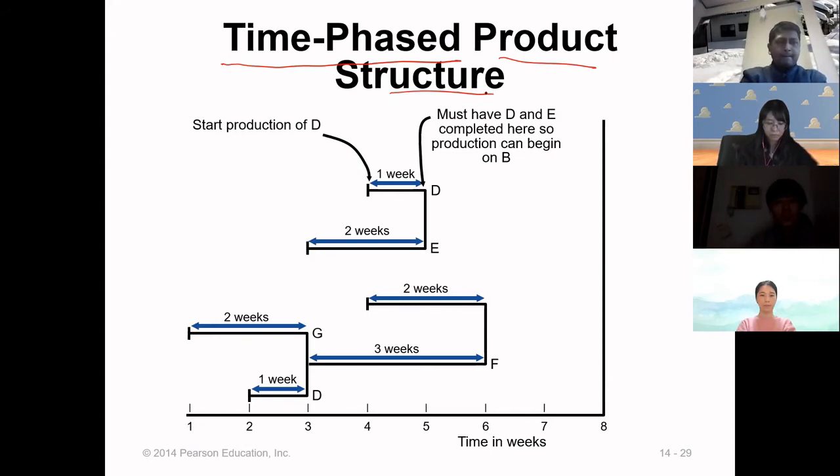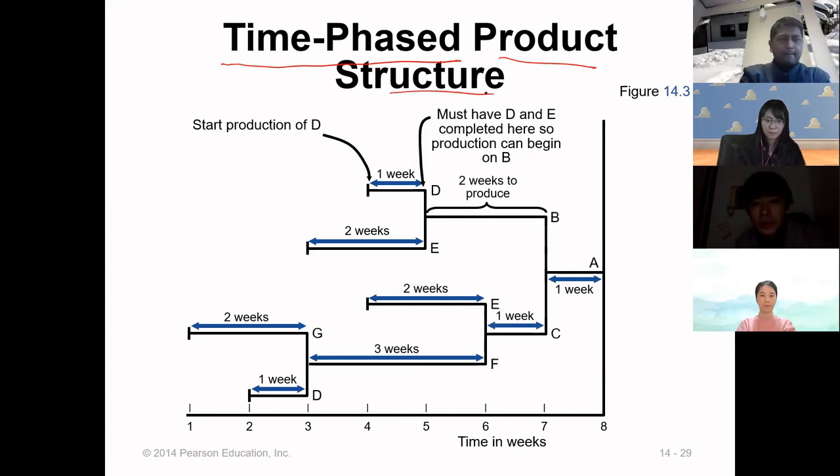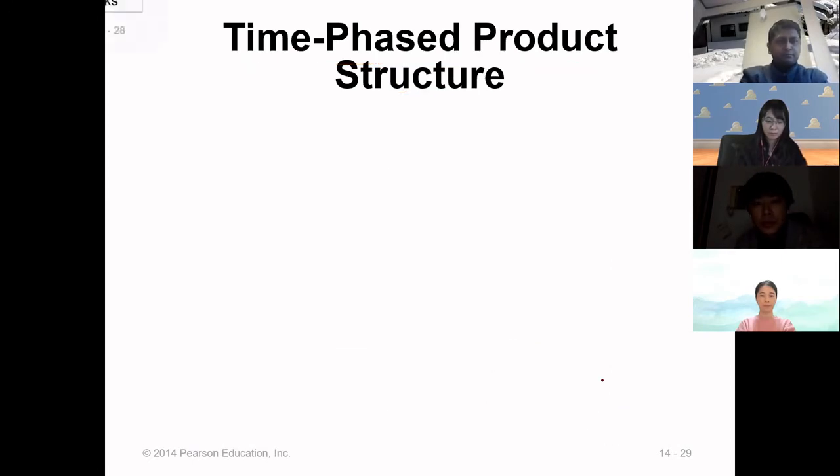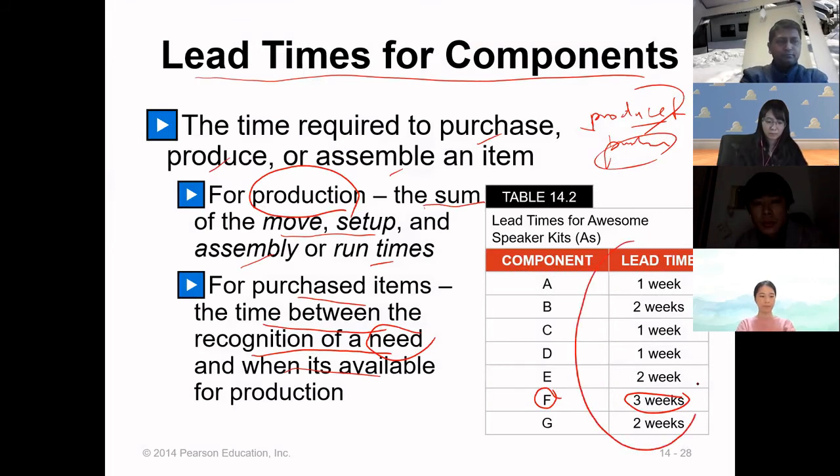So in order to be able to make A, that means to produce A just now, you need how many weeks? Based on the component lead times for A, B, C, D, you need 8 weeks. Not, A is not a component, A is the product itself.